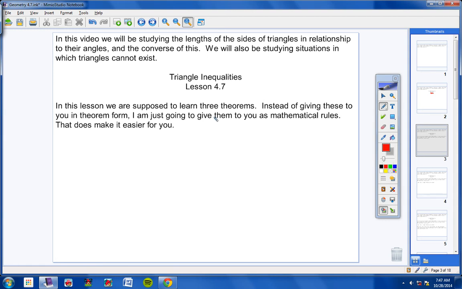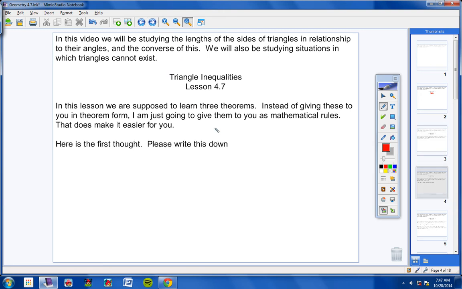I do this occasionally when I feel like the principles that I want you to learn are easier to understand when they're not written in theorem form. In this case, it's actually easier to understand the math than the wording of the theorem. So I'm not going to worry about making you memorize these.